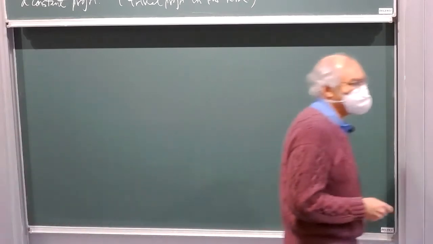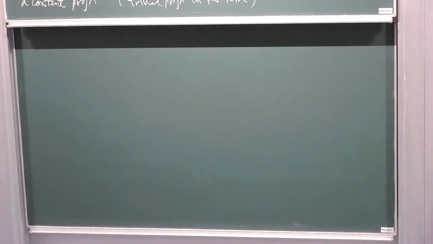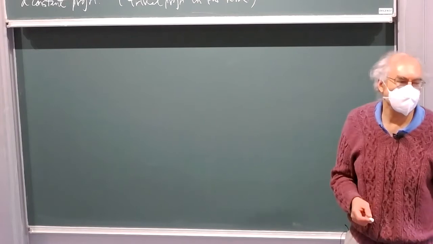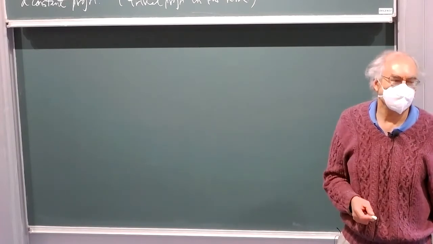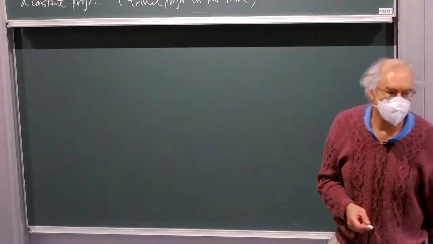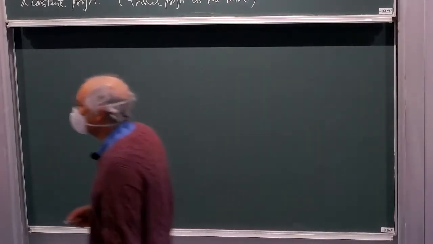What's the simplest example you know of a non-trivial vector bundle? Okay, so that's a fiber bundle.